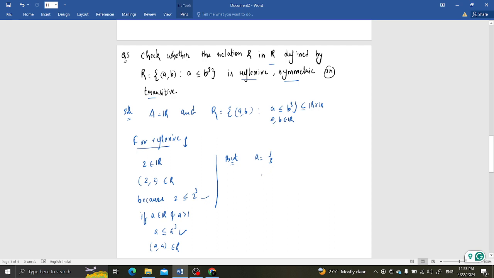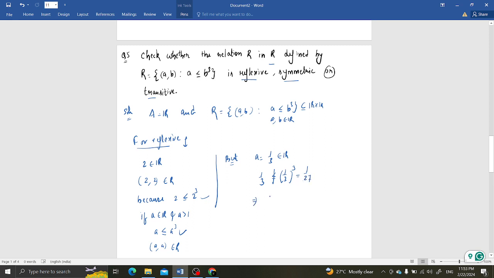If a is 1/3, then 1/3 cubed, because it is also a real number, 1/3 is greater than 1/3 cubed. Why so? Because it is 1/27.